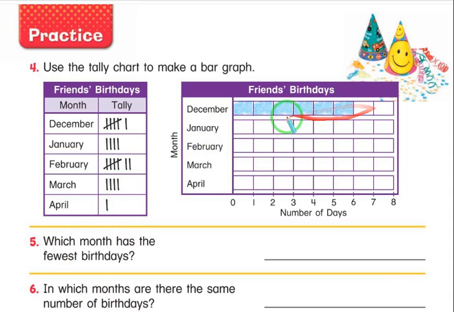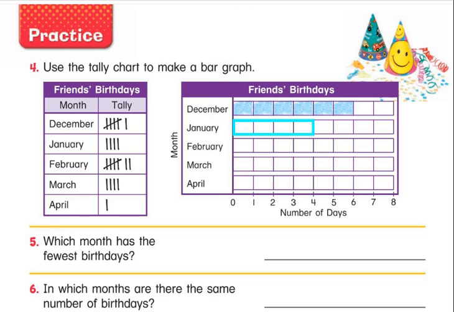So let's check this one. Each square in this bar graph represents, or stands for, 1 birthday. So let's check December. We have 6. How many squares? 6 squares. 1, 2, 3, 4, 5, 6. For January we have 4. 1, 2, 3, 4. So let's use this one and just color 4 squares. 1, 2, 3, 4.